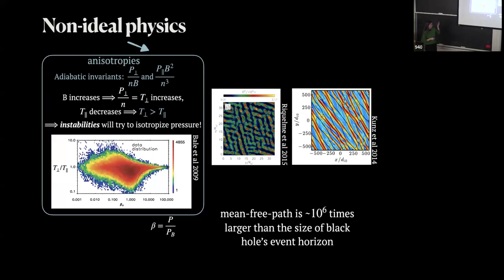So this is called the firehose instability, this is called the mirror instability, and this is magnetic field fluctuations in local kinetic simulations. So this is just a visual representation of how these microscopic instabilities can look. So you can't grow these anisotropies without bounds, and we can actually observe in the solar wind that they obey these instability thresholds.